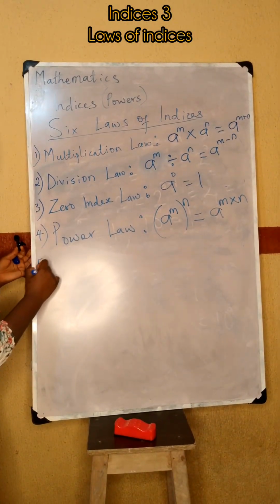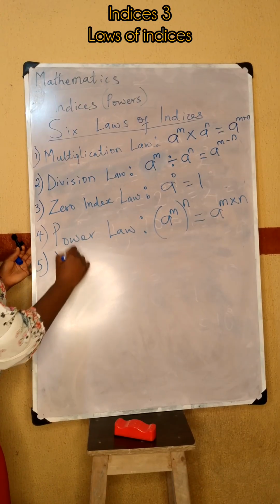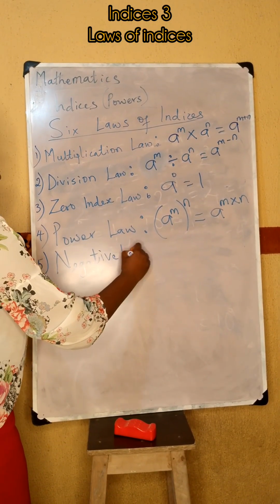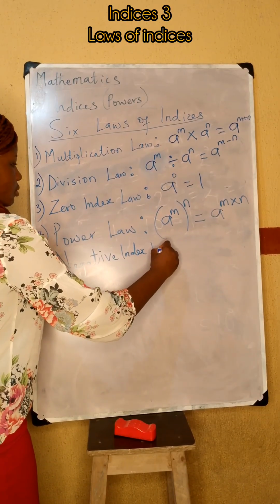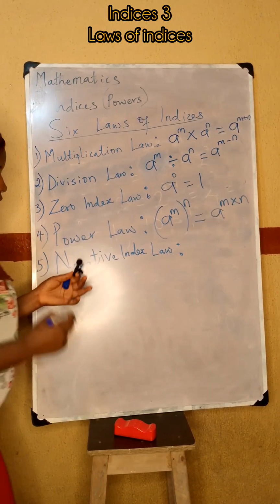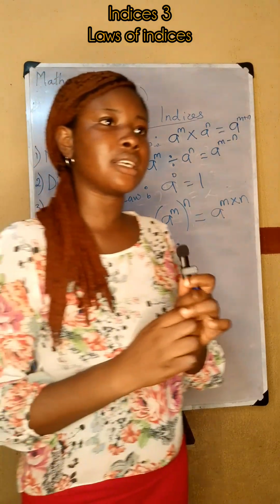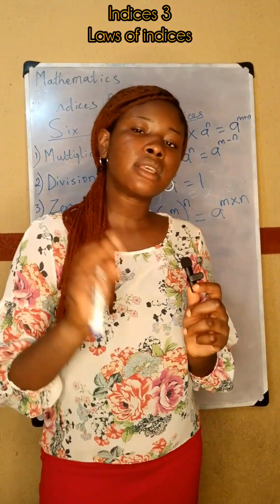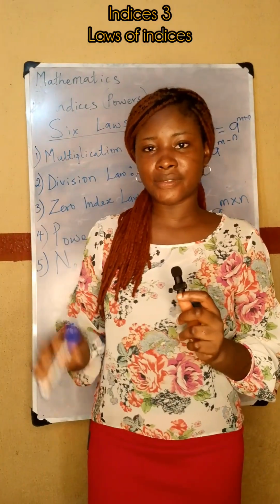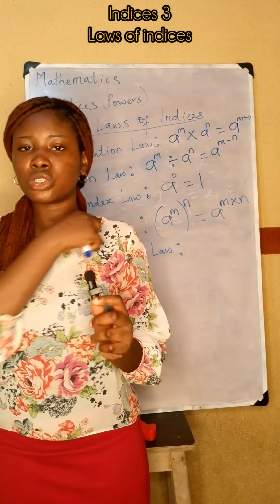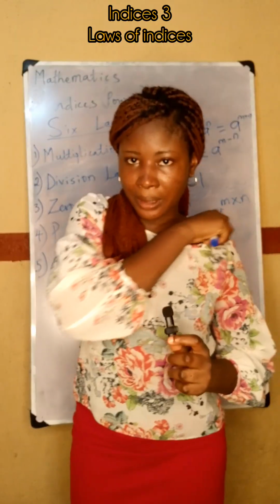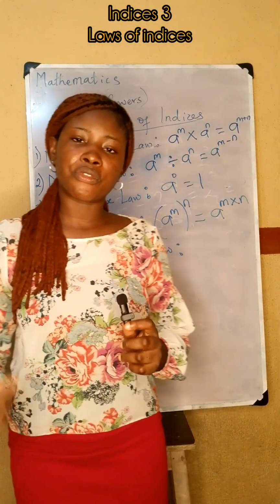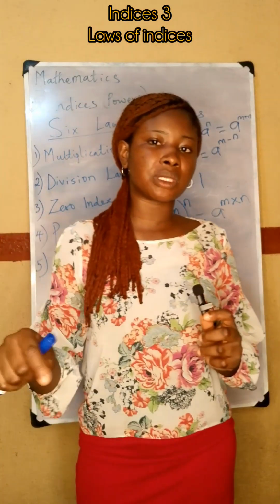Our fifth law is the negative index law. Now, this law is just saying that when any number is raised to a negative index, that's a negative power, the result will become the reciprocal of that number, but raised to a positive index.